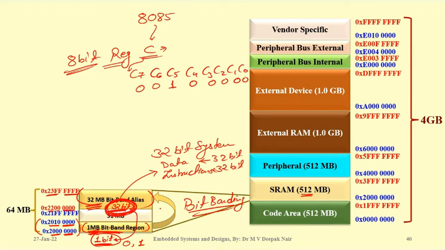Banding means joining, or tying two things together. So bit banded means each bit in this region is banded to an individual 32-bit register in this region.